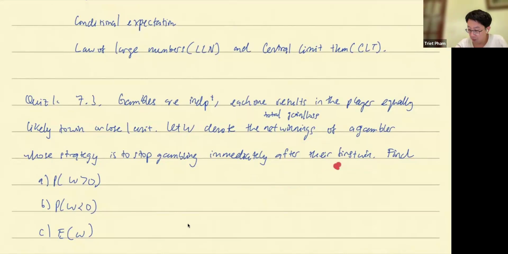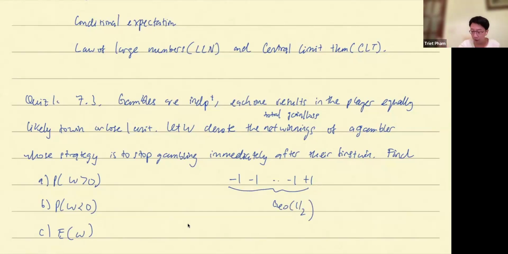Because it's the first win, that means that before that, the gambler must always lose and then win. So the whole sequence is a geometric 1/2, the number of gambles, the number of games.